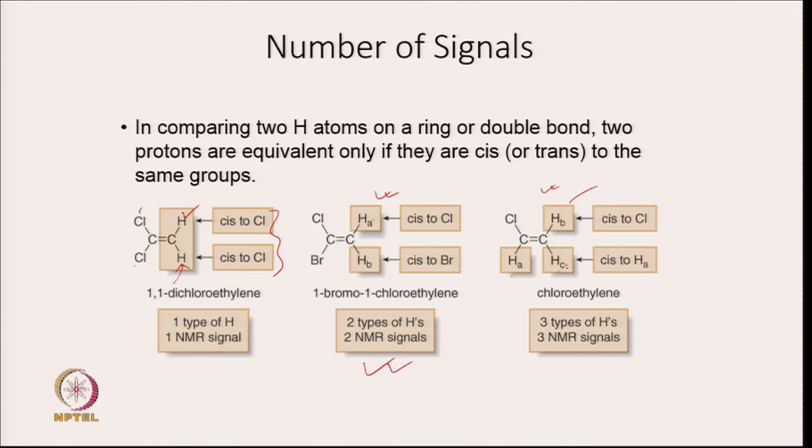So, these 2 protons are different, and this one is different since this H is attached to a carbon which is attached to the chloro group, whereas these 2 protons are attached to a carbon which is not attached to the chloro group. So, all 3 protons are in different environments, and so we should expect 3 NMR signals, and that is what we get.